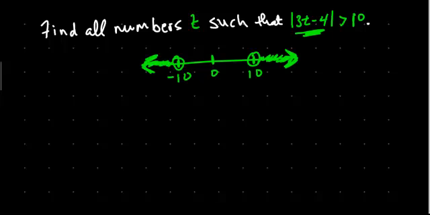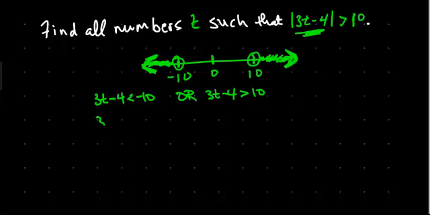And again, when people want to know when to use and, when to use or, if you draw the number line and make it make sense, I see here it's either less than -10 or bigger than 10. The number line tells me exactly what to do here. That is, I get 3t minus 4 must be less than -10 or 3t minus 4 must be bigger than 10.